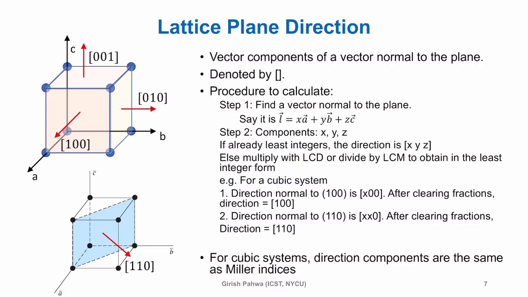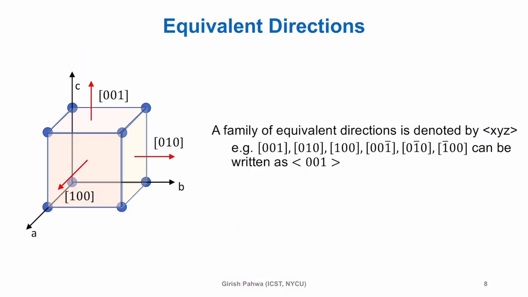So similarly, we can have a set of equivalent directions as well. For example, a family of equivalent directions is going to be denoted by some x, y, z, and that will be denoted by these angle brackets. If you are denoting planes, curly brackets. If you are denoting directions, these brackets.